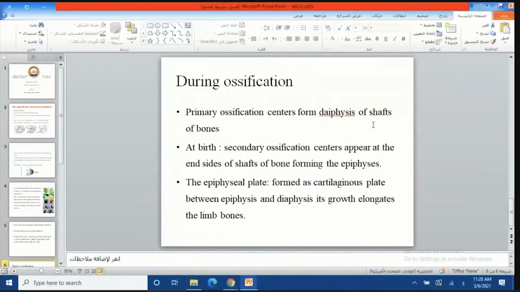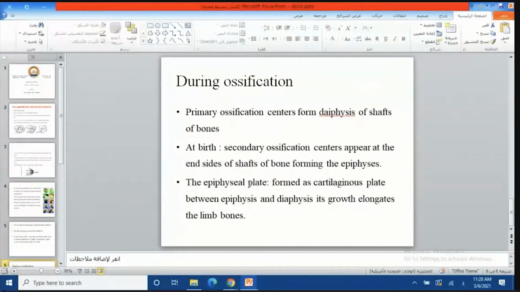But at birth, secondary ossification centers appear at the end sides of this shaft, and they will form a structure called the epiphysis. Between the epiphysis and diaphysis, a plate will form. We call it the epiphyseal plate. This epiphyseal plate is responsible for the growth and elongation of the limb bones.